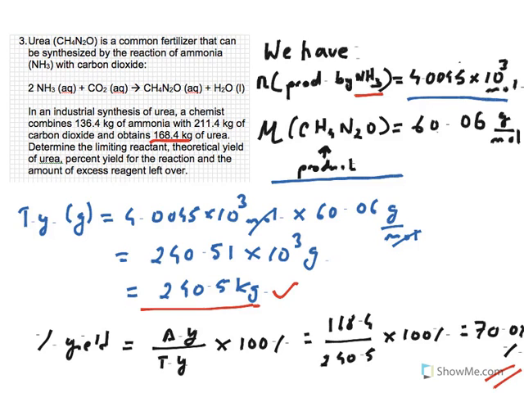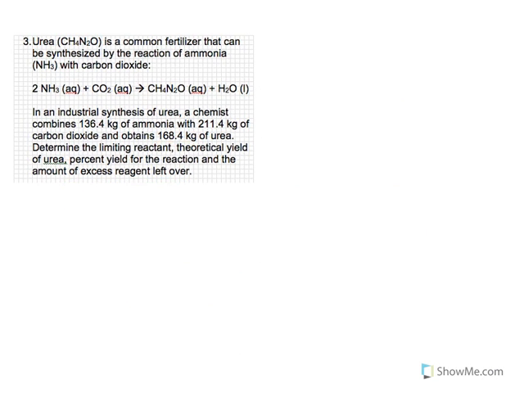And now that we have found out the percent yield for the reaction, the only thing we now have left to figure out is the amount of excess reagent that's left over. The amount of excess reagent left over can be easily found with the help of the ratio between the reactants. So if we look at the reactants in this reaction, we have NH3 and we have CO2.